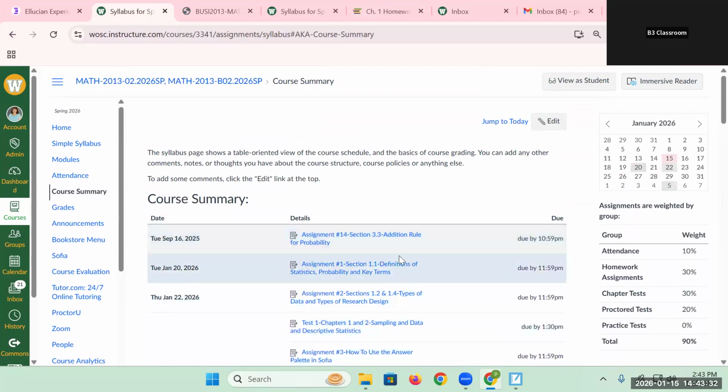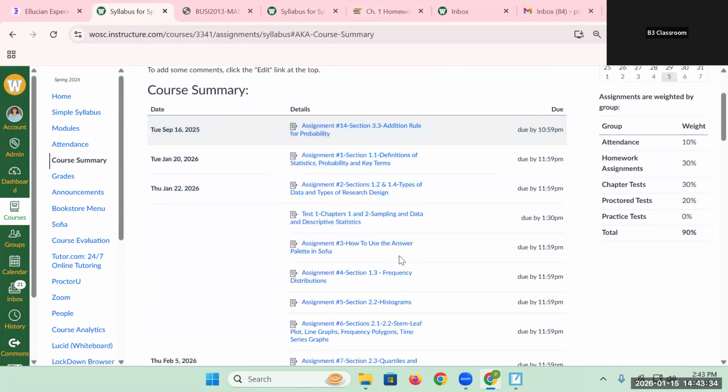So I knew that today we would finish 1.1. So that due date stays correct. Assignment number 1 will be due at midnight on January 20th.